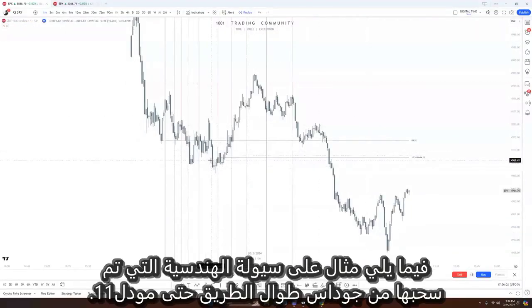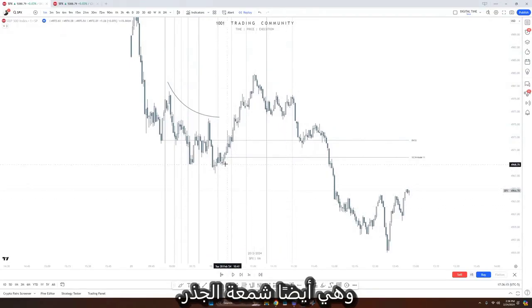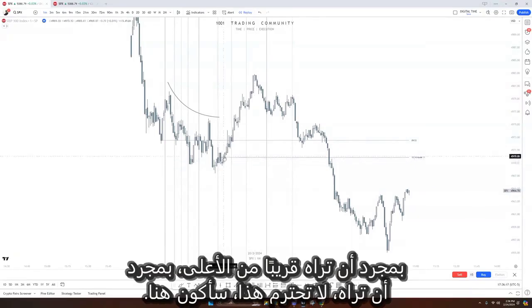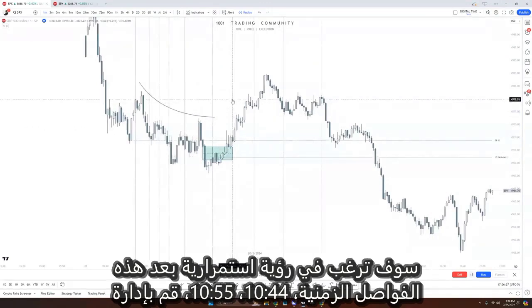Here's an example of engineered liquidity being dragged from Judas all the way until Model 11. As we stated, 1034 is the inner interval. It is also the root candle. Once you see it close above, once you see it disrespect this, you're going to want to see continuation past these intervals, 1044, 1055.